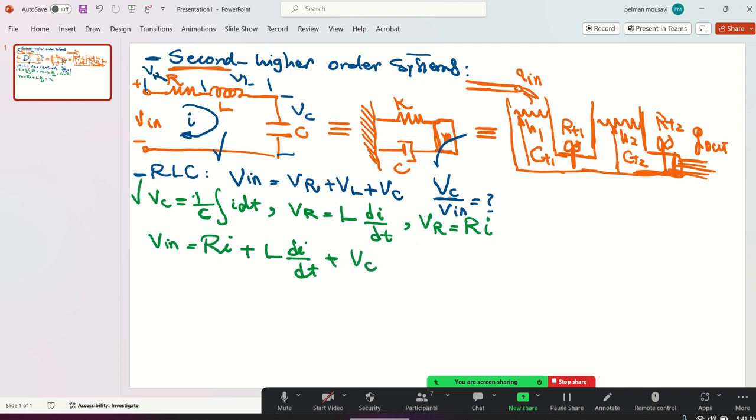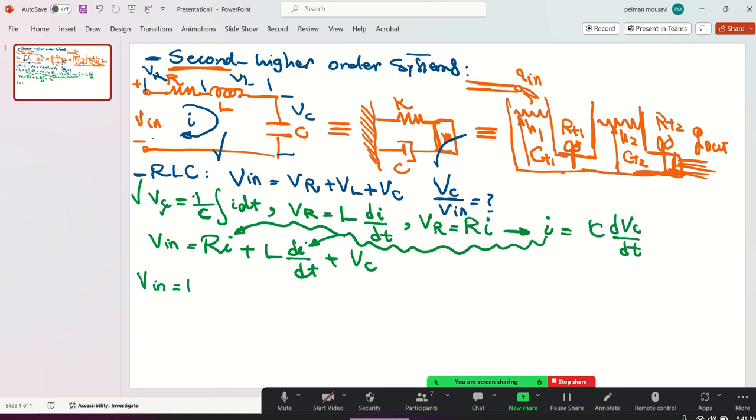From this relation, as you have in your notes, I can be C dVc over dt. Remember the first order system. So I'm going to replace this I here and here. So Vin is going to be RC dVc over dt plus L times the derivative of C dVc over dt plus Vc.